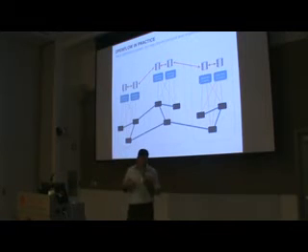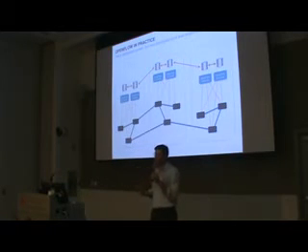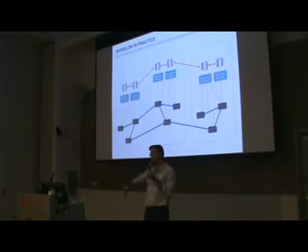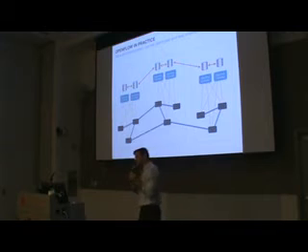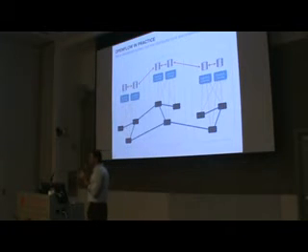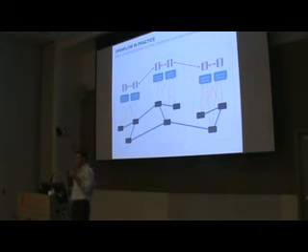With OpenFlow, the reason a lot of people look at this and say, my gosh, this is so much easier to work with, is that if you think of the model of a single controller and a whole bunch of switches, it's really an easy model to work with. In practice, that's not quite the case. You still have a distributed systems problem because we always wind up seeing multiple controllers so that switches can fail back and forth between controllers.